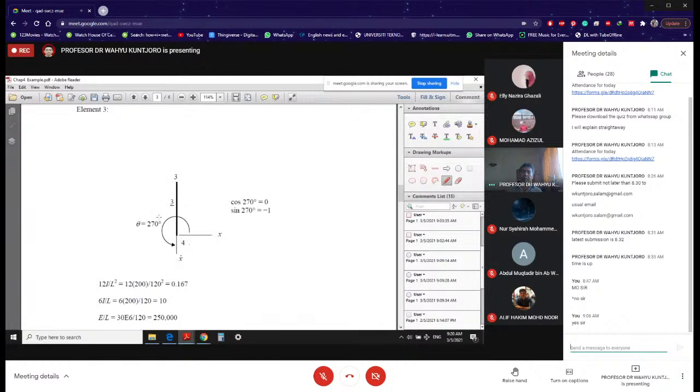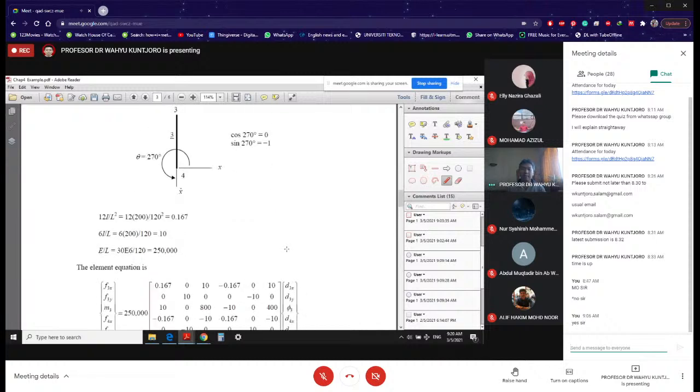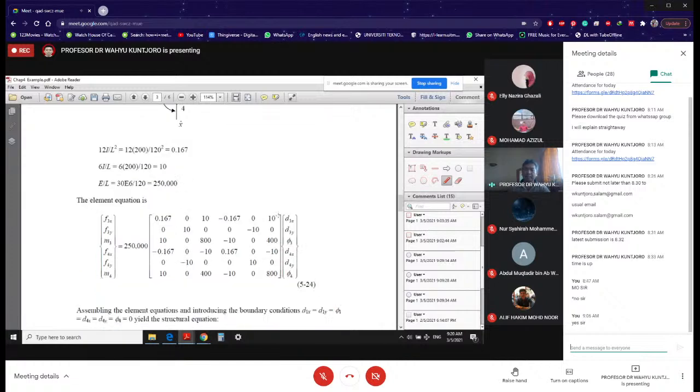And the value is as given there. And you get your sinus and cosinus. And you can calculate your element equation. Please observe that it is from 3 to 4. So that is the reason why we write 3, 3, 3, 4, 4, 4.